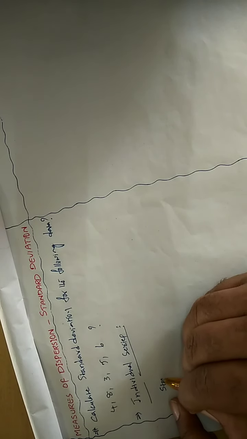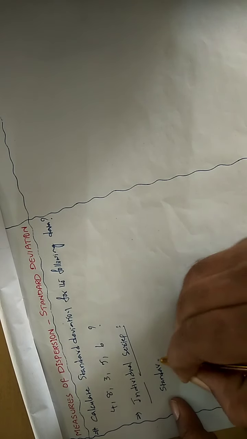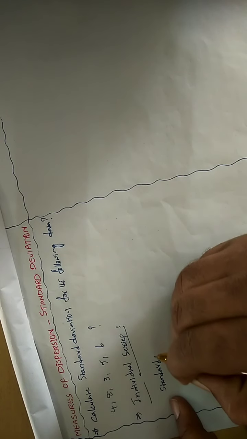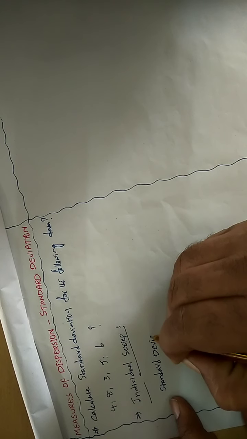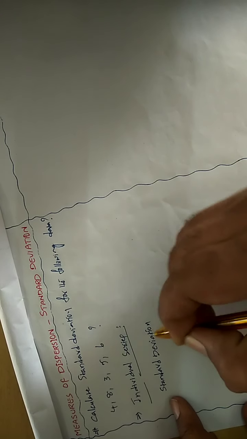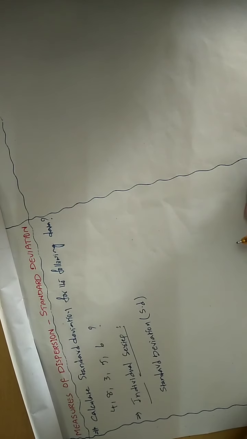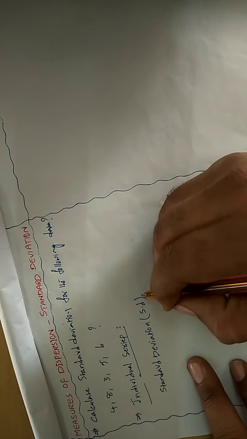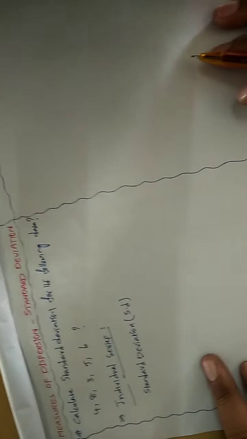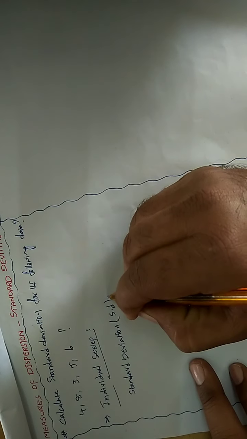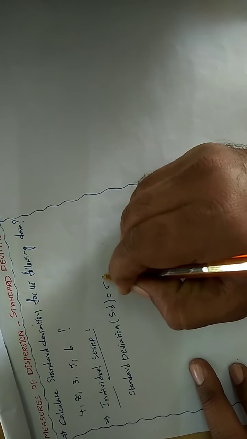Now how do you represent the standard deviation? We can write the full form, standard deviation, or sometimes SD. We represent it with the symbol sigma.